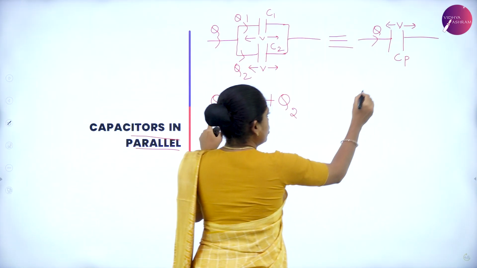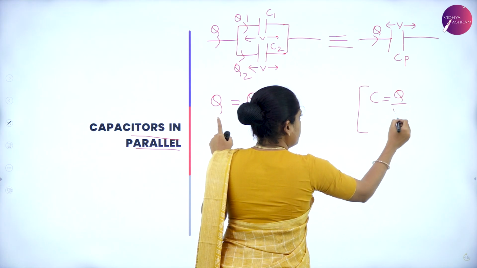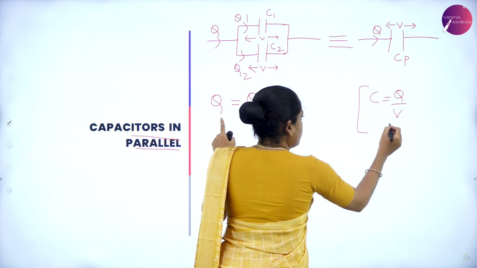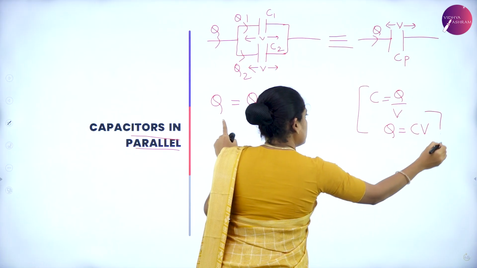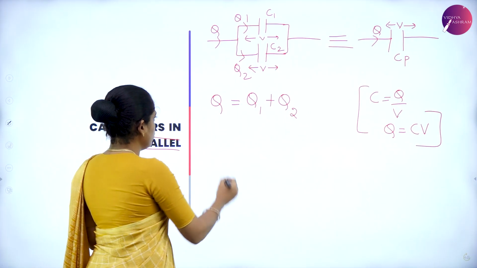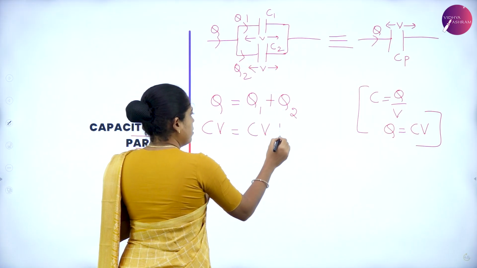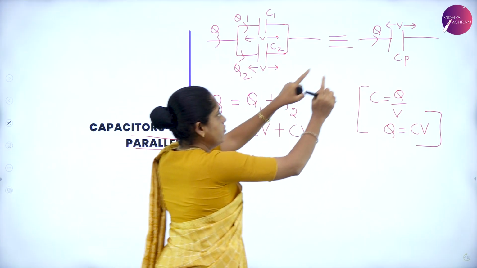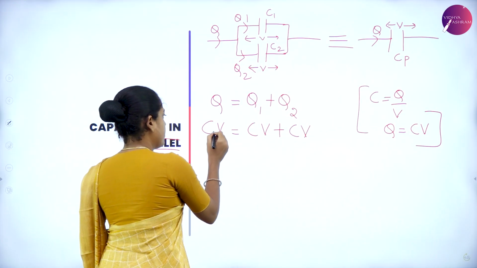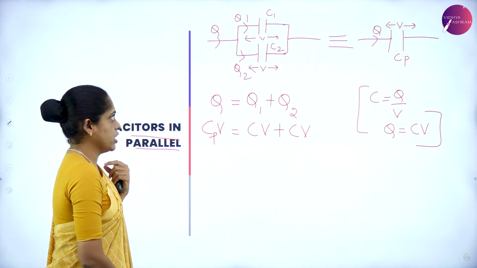And what is Q equal to? By the expression C is equal to Q by V, we have Q is equal to CV. So Q is equal to CV plus CV, and this is for the equivalent capacitor whose capacitance we have considered as Cp and the potential is V.